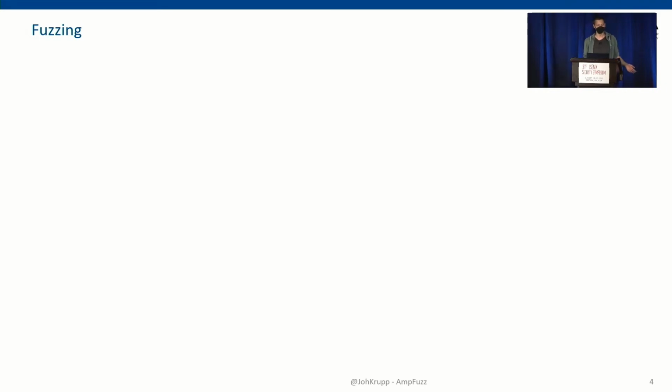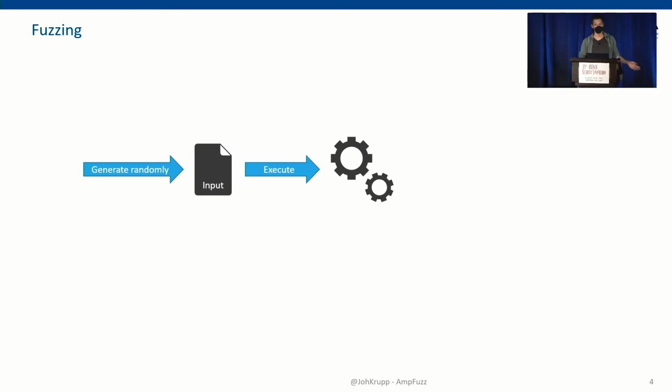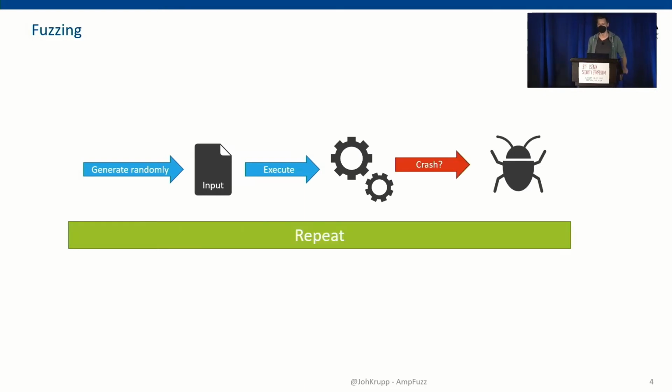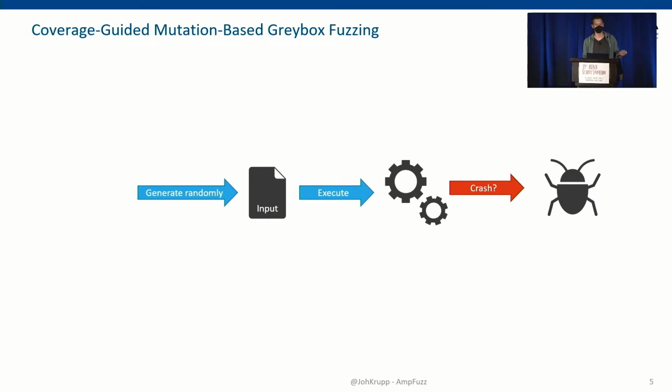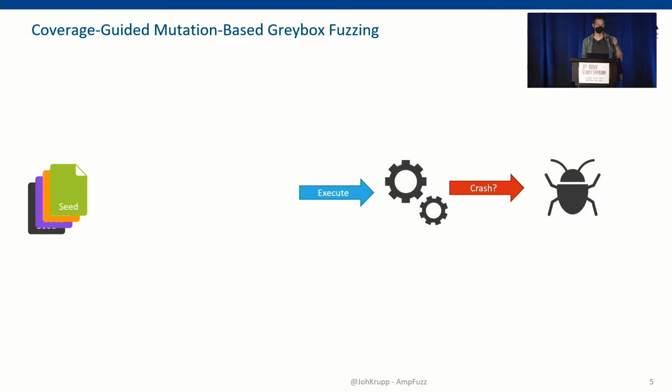So the basic idea of fuzzing is you generate randomly some input, you execute a program on it, and then you see whether it crashes. And then you just repeat this over and over again to see whether you can find crashing inputs. The state of the art is so-called coverage-guided mutation-based greybox fuzzing, where instead of generating your input randomly, you start off with a set of seed inputs and then mutate those to generate variants.